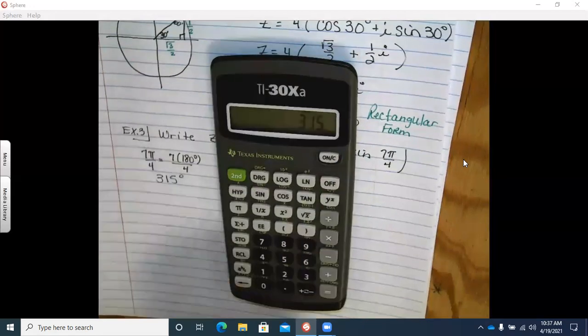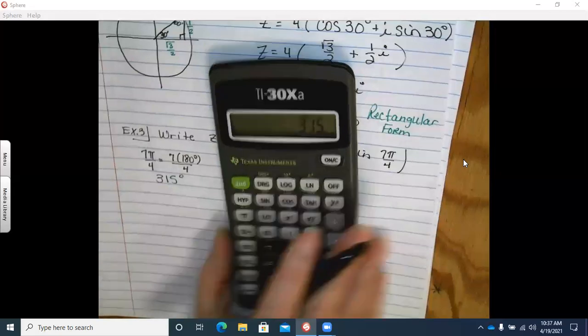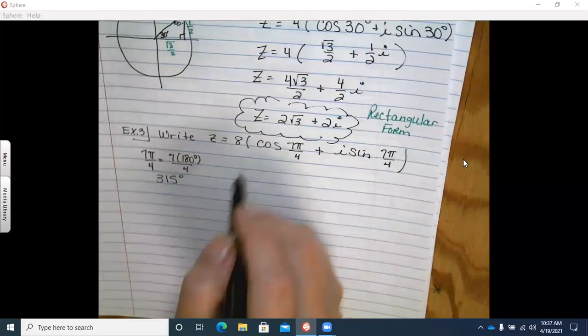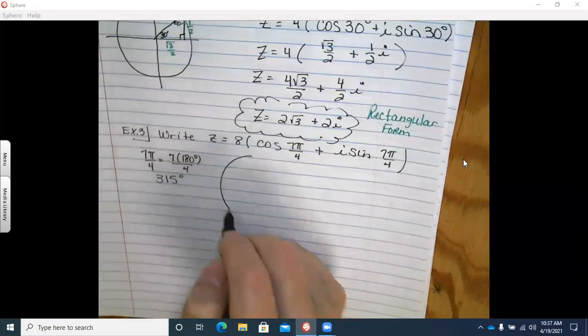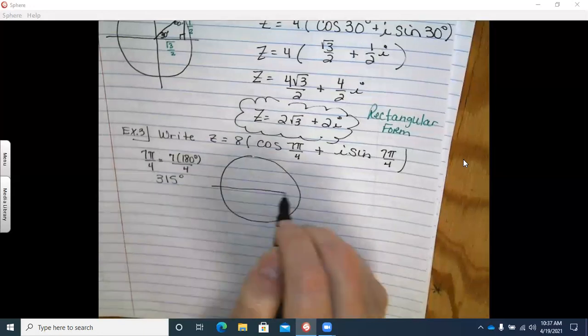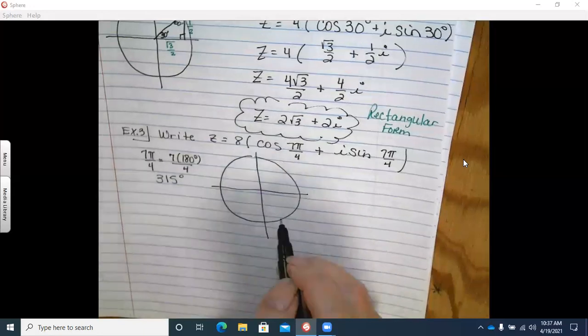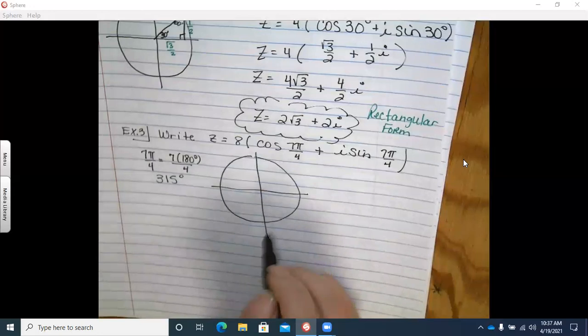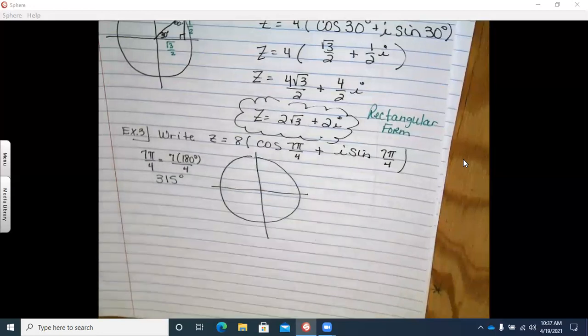Is that an angle that we can find on a unit circle? Yeah. Okay, so let's check it out. What quadrant would that be in? Quadrant 4, because 90, 180, 270. How far past... 45? Okay.